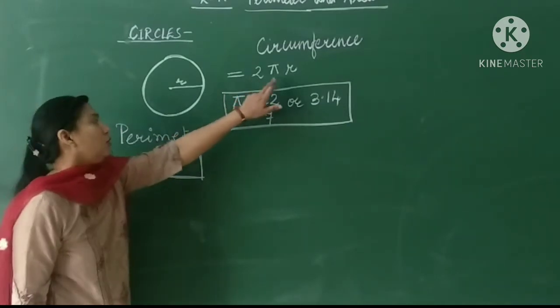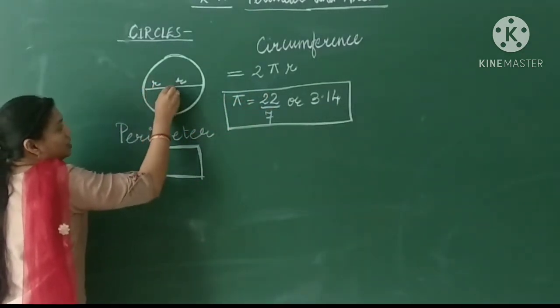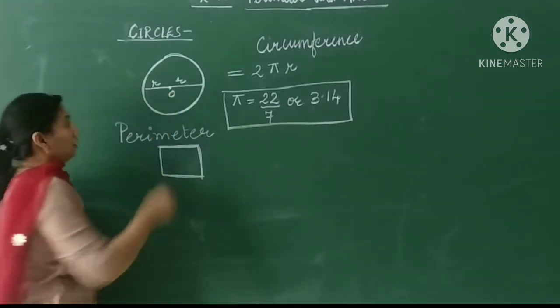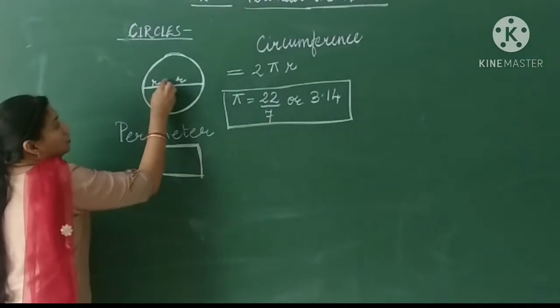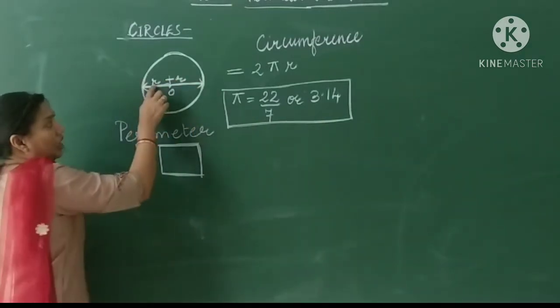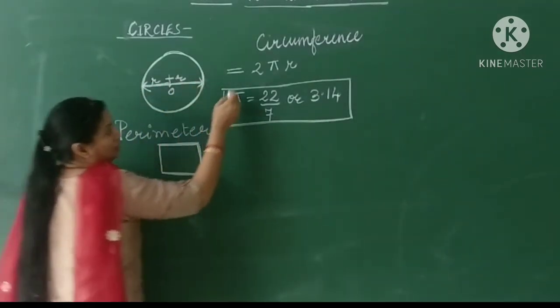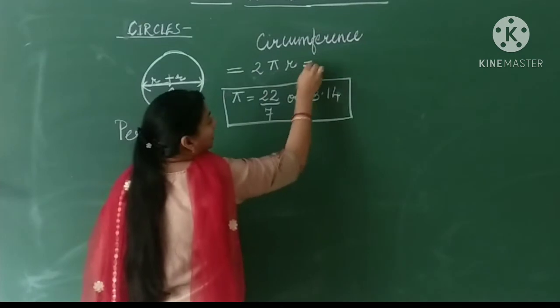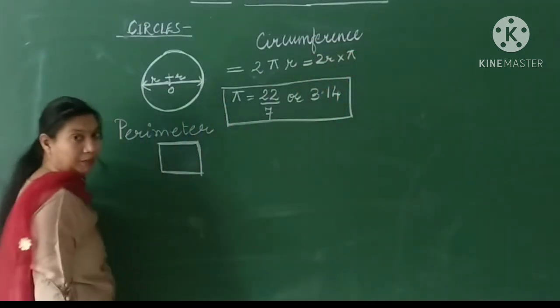Now, if this is the center of the circle O, then this is radius, and this is also radius. So radius plus radius, R plus R, 2R, makes what? The diameter of the circle. So, I can write 2 pi r as 2r into pi, right?